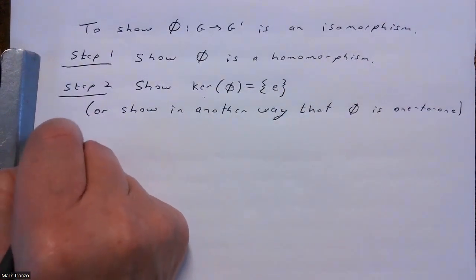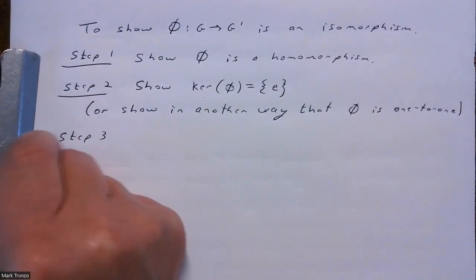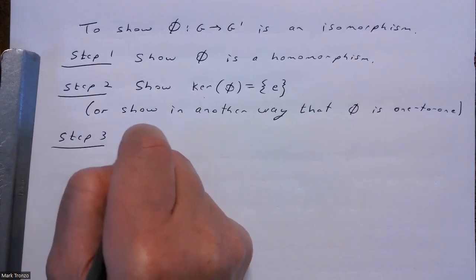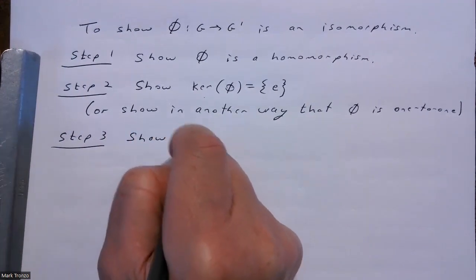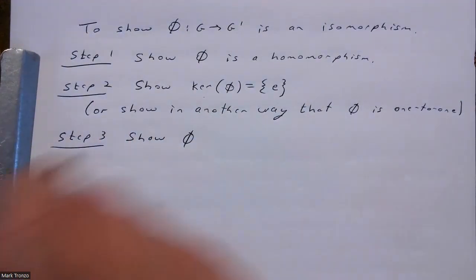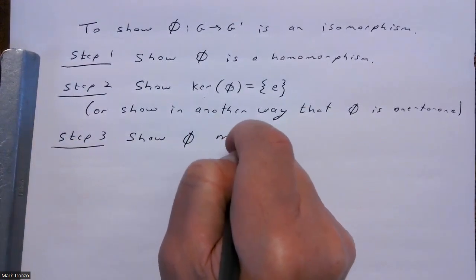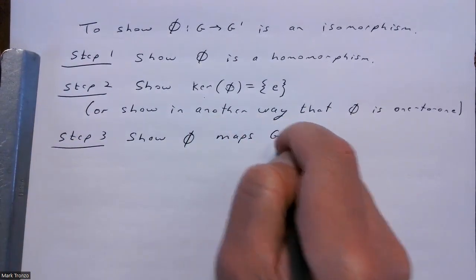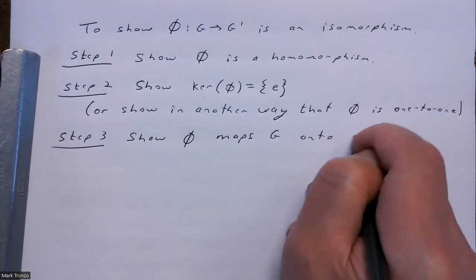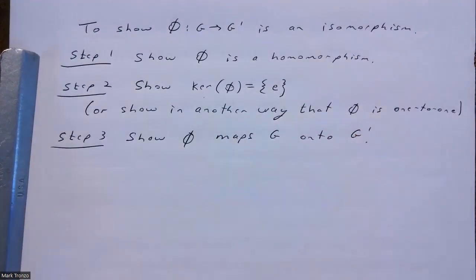And step three, show phi maps G onto G prime.